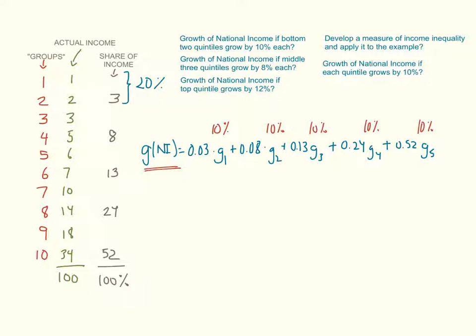That's pretty straightforward. But what if the country doesn't have enough resources to make sure that every quintile, every 20% group, can grow by 10%? They have to allocate the resources to, say, build certain factories in certain industries, or spend money on certain areas or geography or locations and all kinds of things like that.